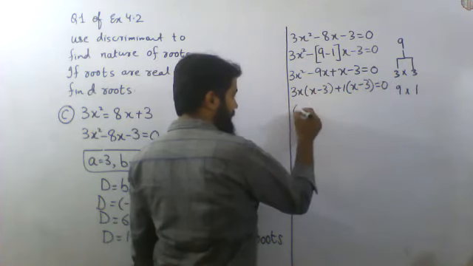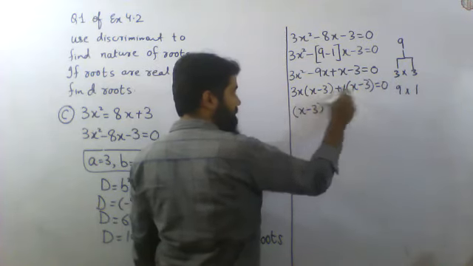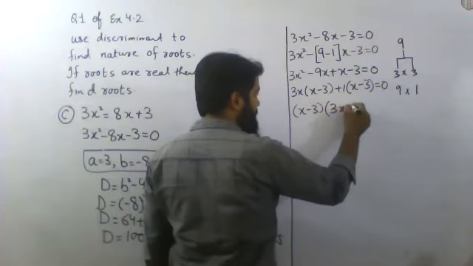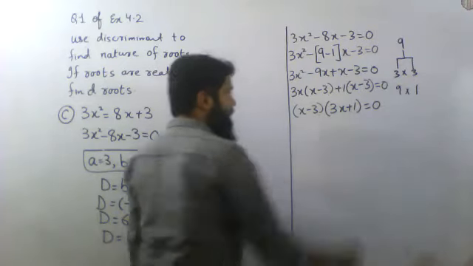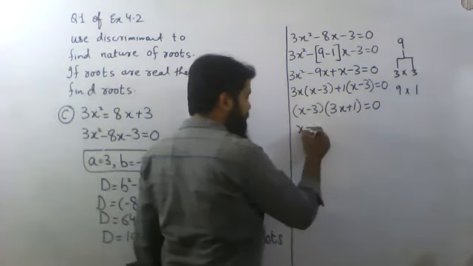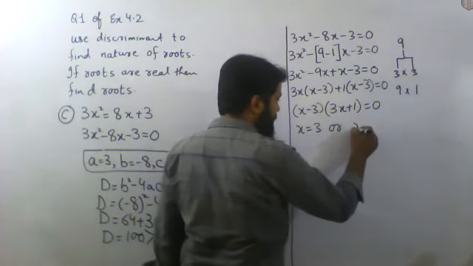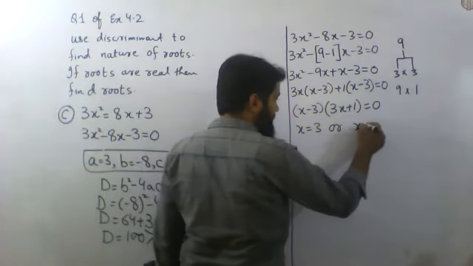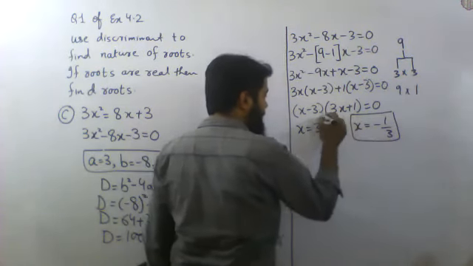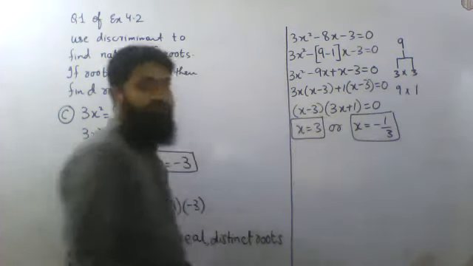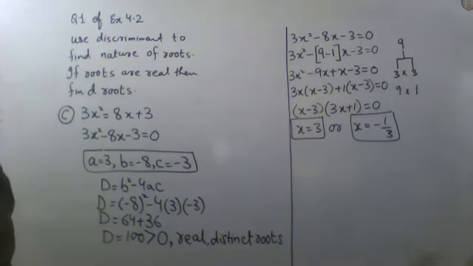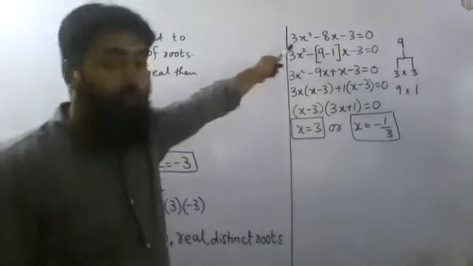So x minus 3 and 3x plus 1 equals to 0. Okay. x equals to 3 or x equals to minus 1 over 3. These are the two roots of x which I am getting right now.